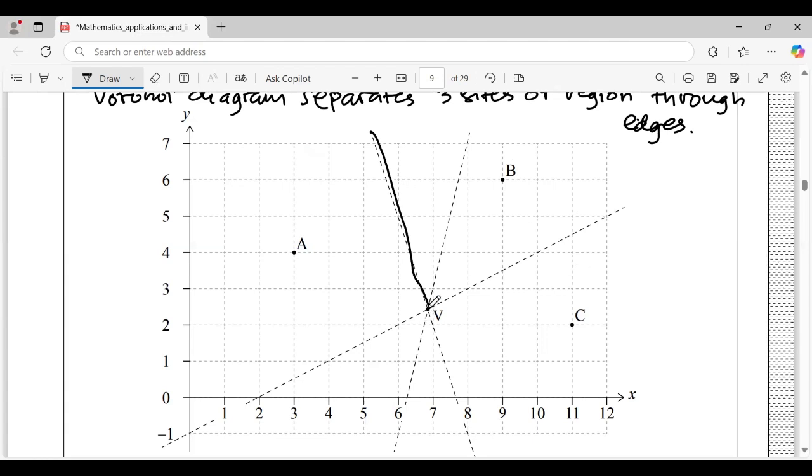Of course, this one. It's supposed to be this line. And how about A and C? If this line, A will be closer than C. If this line, C will be closer than A. So it means it's supposed to be this line.